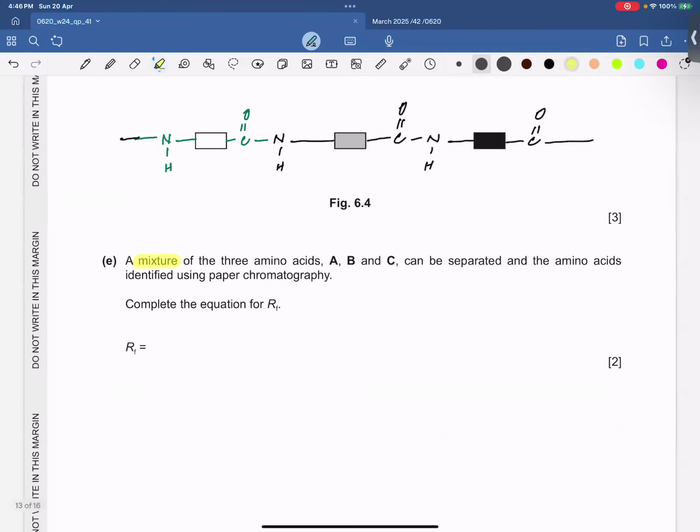A mixture of 3 amino acids can be separated and the amino acids identified using paper chromatography. Complete the equation for RF. RF is basically the retention factor.